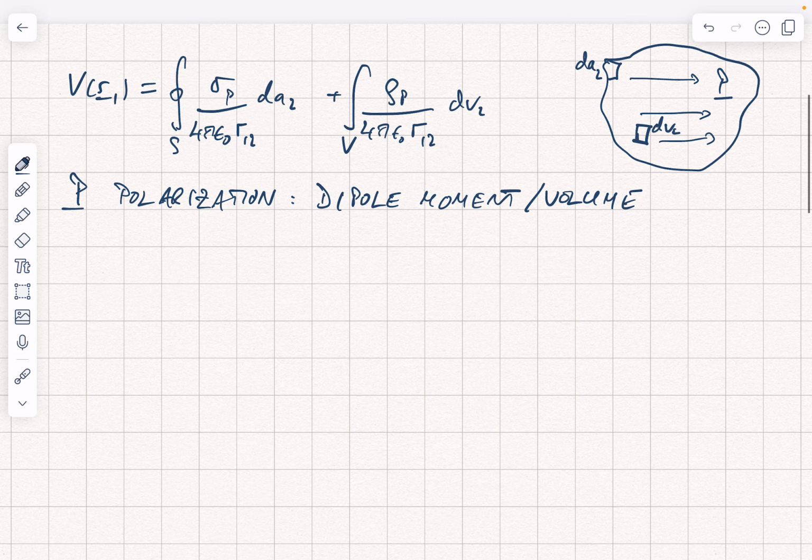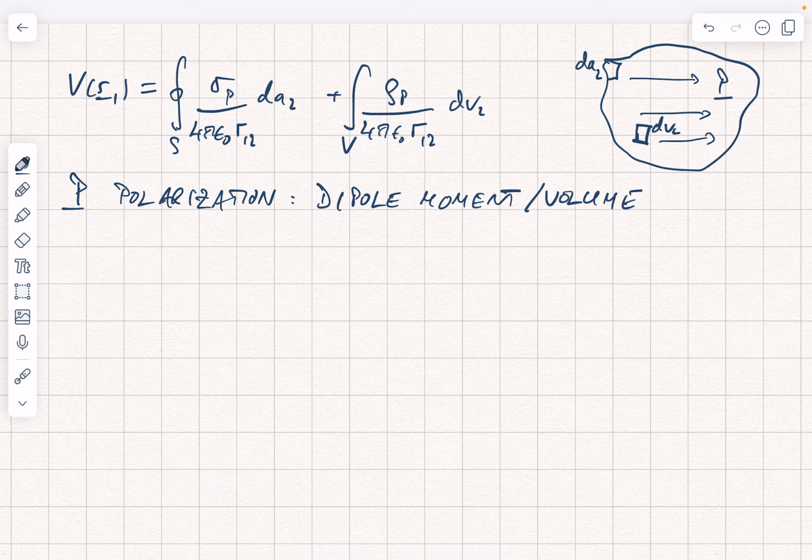So let's just see how we get to this potential. In general, if you have a charge density, then this formula is the standard approach to it. It's just that in this case the charge density is down to the polarization. So let's think about integrating over our material, and we're going to think about a little volume to start with.